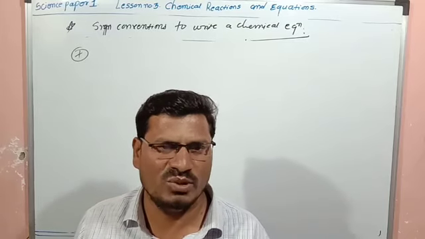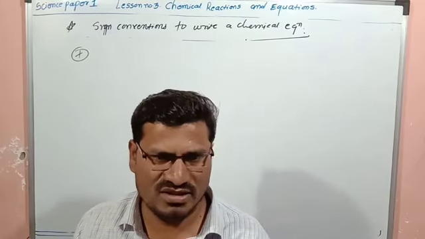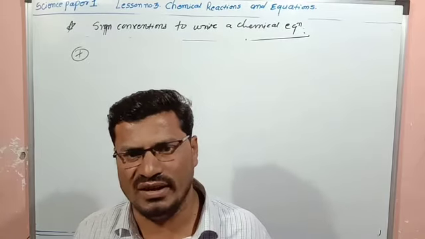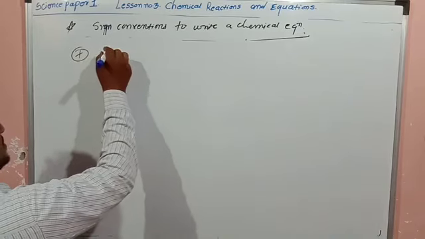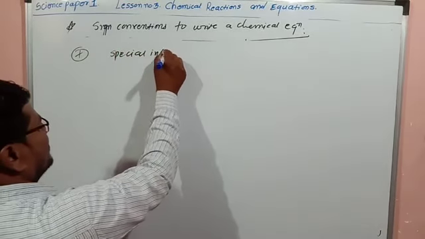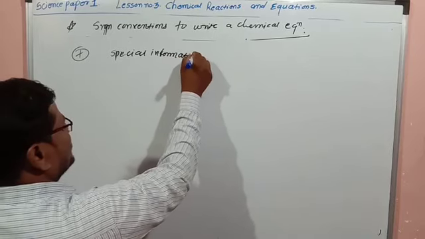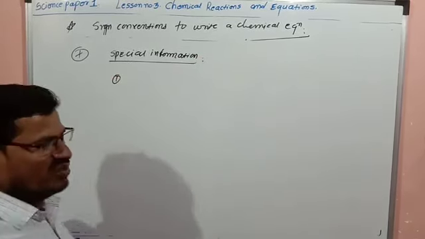In that special information you can mention the concentration of the reactants, whether it is dilute or concentrated. We are going to take two examples for this seventh point about special information.